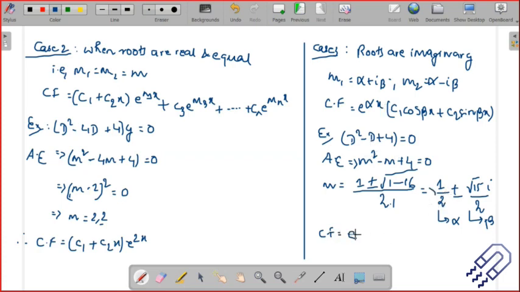Alpha is half in my case, so e to the power x by 2, and then we can write c1 cos of root 15 divided by 2 x, don't include i, plus c2 sine of root 15 by 2 into x. So this is the general overview of how you solve a linear differential equation of higher order with constant coefficients.